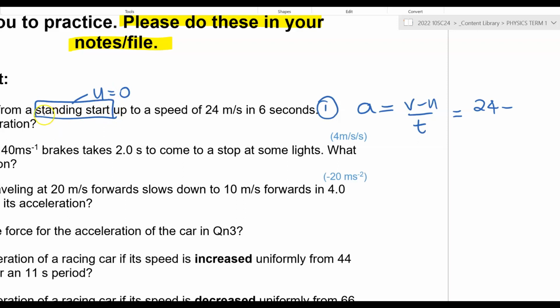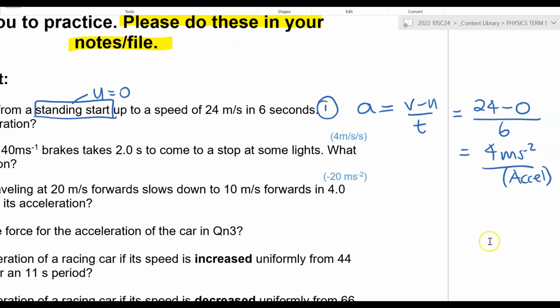That's a little keyword that you'll come across a fair bit. It's from a standing start, and it took 6 seconds, so obviously its acceleration is positive, 4 meters per second squared. All we know is that it's positive, so it's accelerating. Like I said, I'll put the working for a few other questions up here as well.